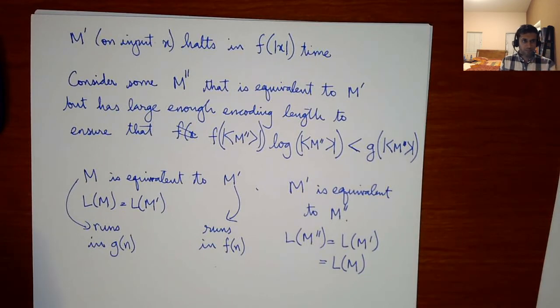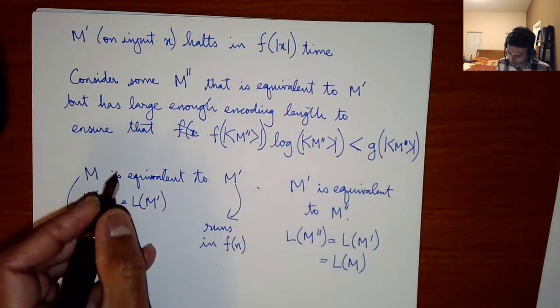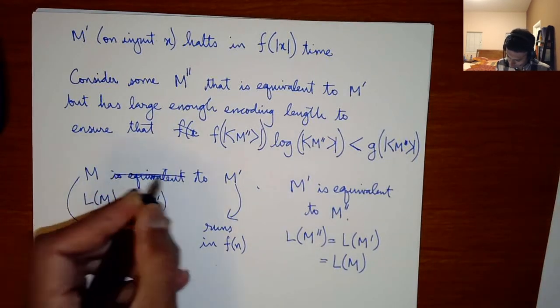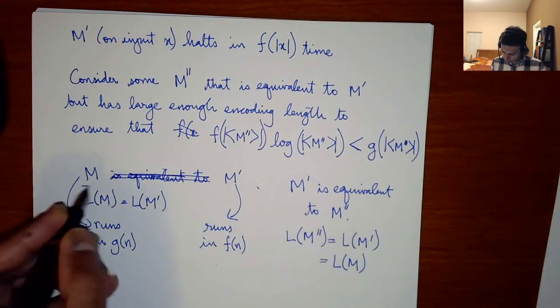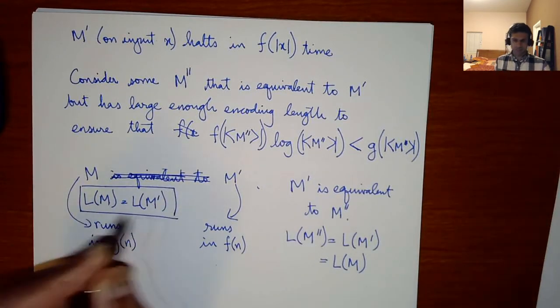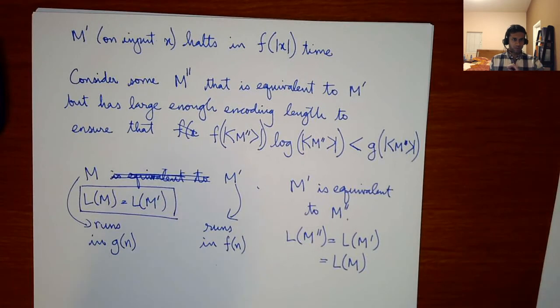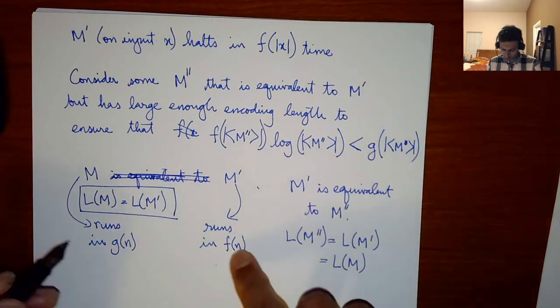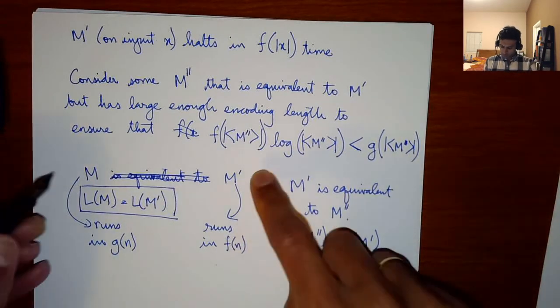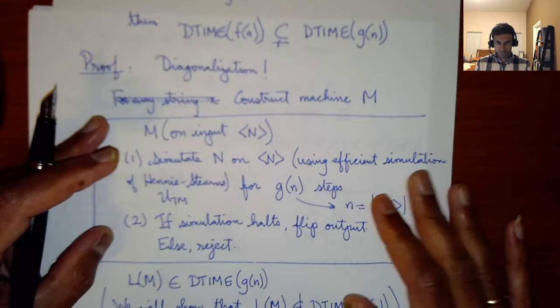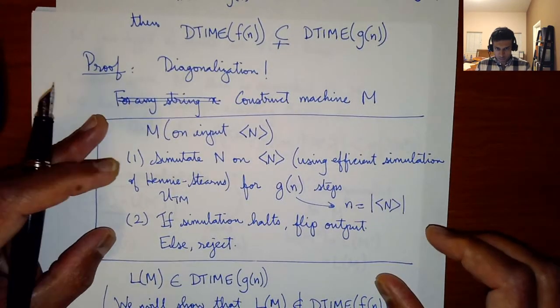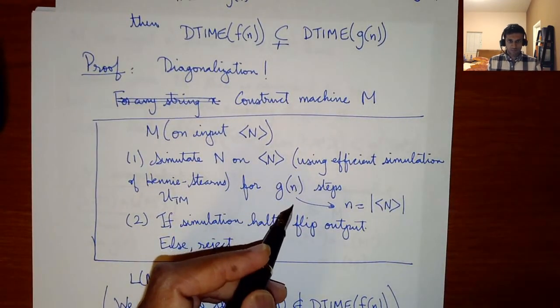So okay, maybe I misspoke over here. I shouldn't say this is equivalent, because equivalent means the same running time, the behavior is identical. So my apologies. These are not equivalent. You have two machines, M and M prime. We started with M, the machine that we defined over here. This machine runs in g of n steps.